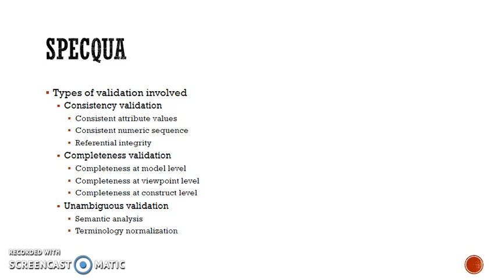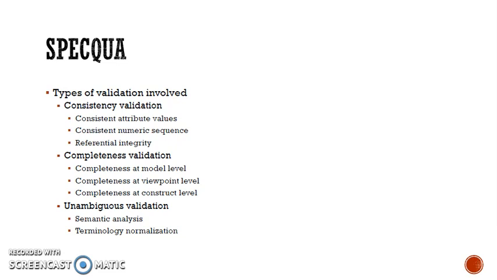In the consistency of attribute values, SpecQua verifies whether the value assigned to a given attribute is valid based on the semantics of its requirement specification language, the intermediate language.